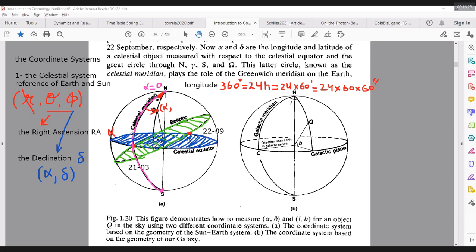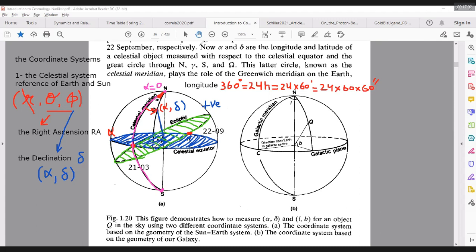As an object lies in the northern hemisphere, just like this point Q that we can see right now, then from the reference it is there, the delta is taken positive, for the representation that the object lies in the northern hemisphere.